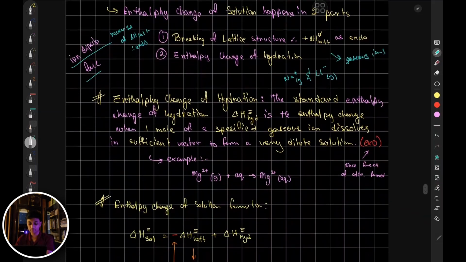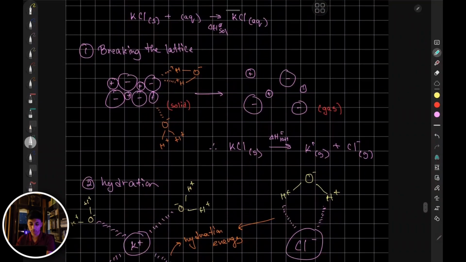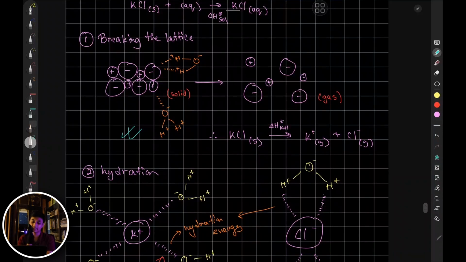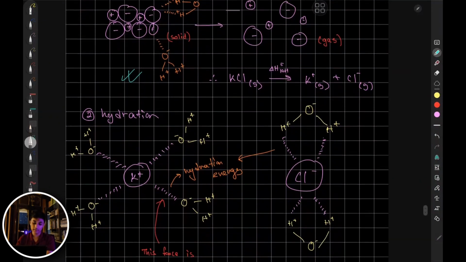if we look into these examples, you can see that there are bonds between, let's say in case of a positive ion, it forms a bond with the negative end or negative pole of the water molecule and forms an ion-dipole bond or force.